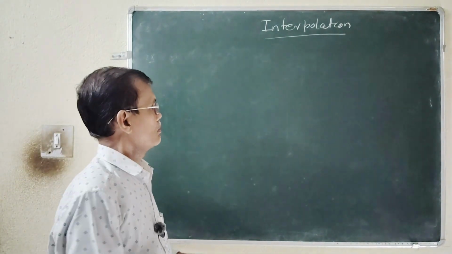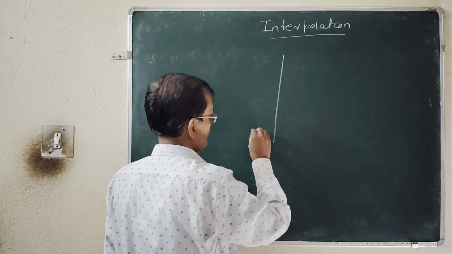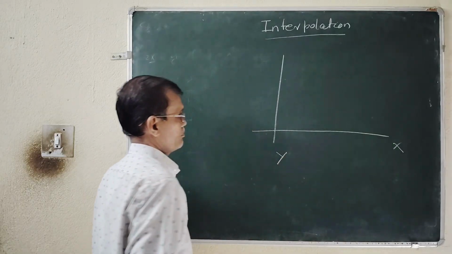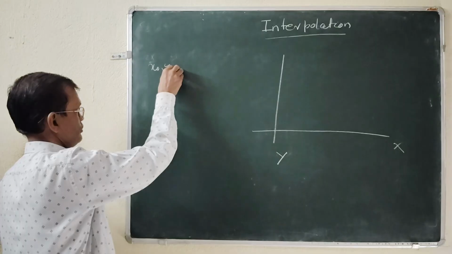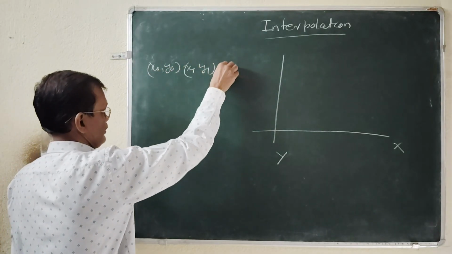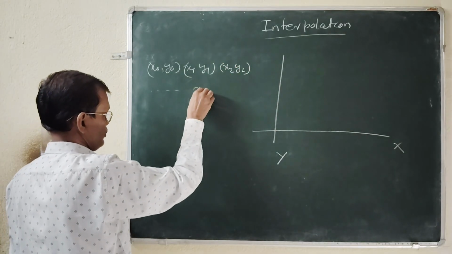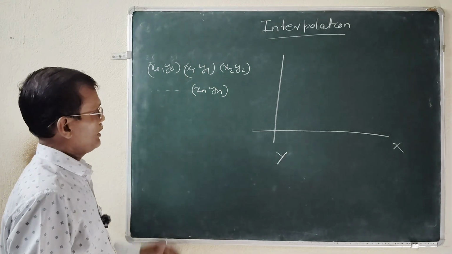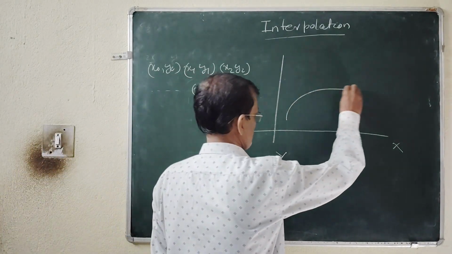Suppose we consider a graph like this with x-axis and y-axis, and (x0, y0), (x1, y1), (x2, y2), etc. up to (xn, yn) are the set of data points, and corresponding to that set of data points we draw the graph like this, right?